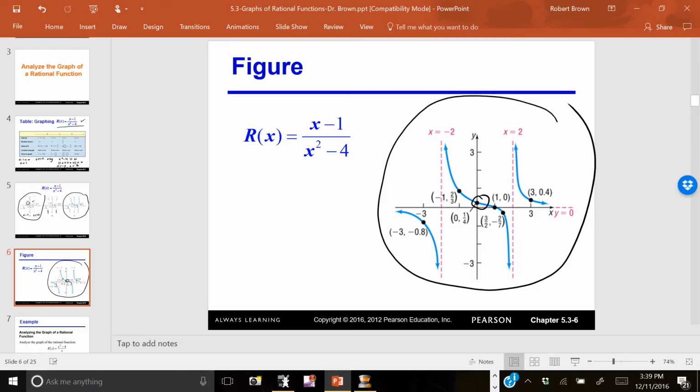It shows you the vertical asymptotes of minus 2 and plus 2, and shows you the zero of x equals 1 as we had predicted. And notice that the horizontal asymptote is y equals 0, which happens to be the x-axis.